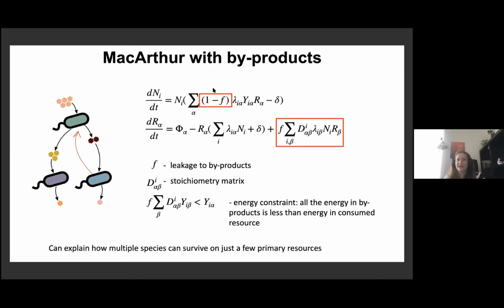Yeah. MacArthur with byproducts takes care of that situation, because basically as soon as you establish this first species, it will start producing those byproducts, and then you have those microbes and they will synthesize something else, and then it can contribute to these terms again.